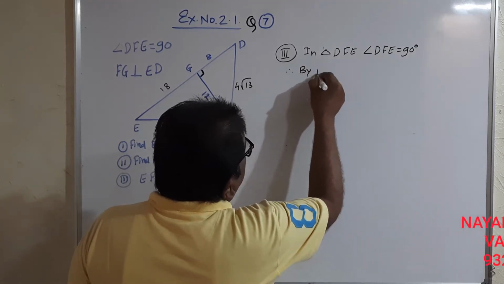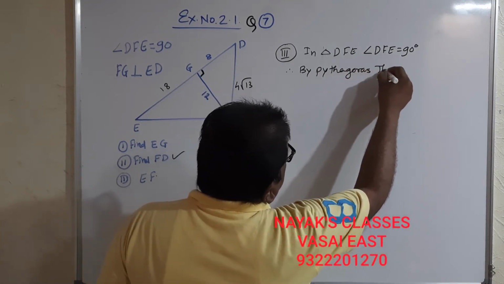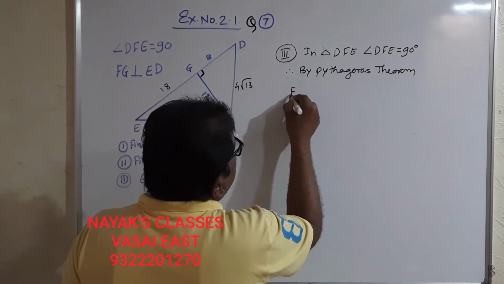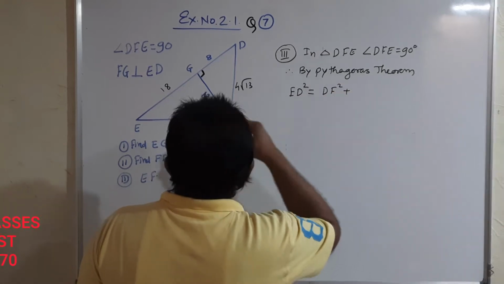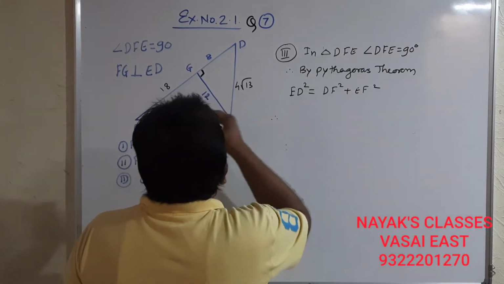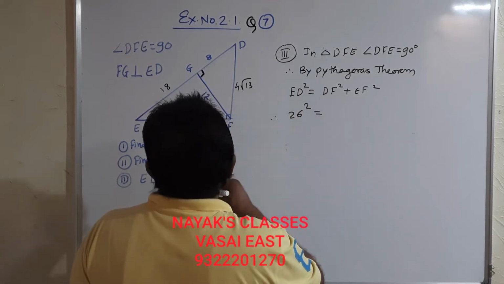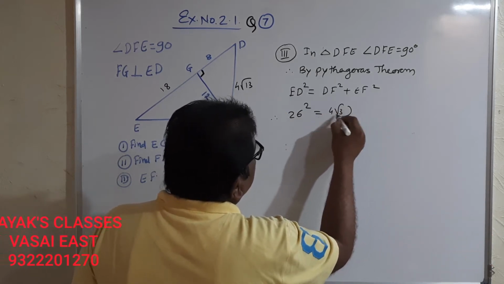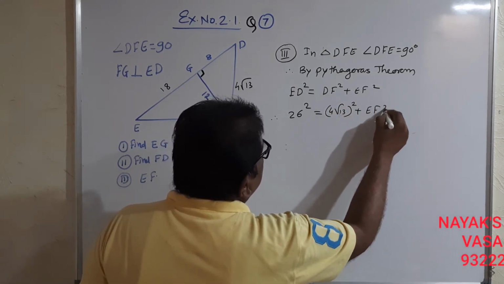Therefore, by Pythagoras theorem, hypotenuse is ED, the whole square is equal to DF square plus EF square. So putting the values, this 18 plus 8, 26 the whole square is equal to, what is DF? DF is 4 root 13, the whole square plus EF the whole square.